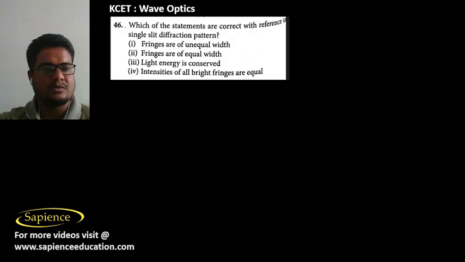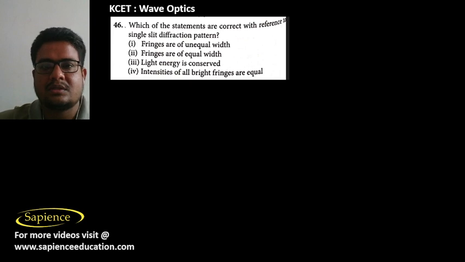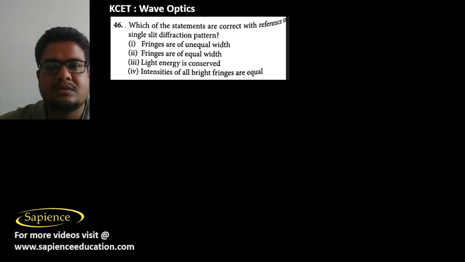Then in question number 46, it is told which of the statements are correct with reference to single slit diffraction pattern. The options: fringes are of unequal width, fringes are of equal width, light energy is conserved, intensities of all bright fringes are equal.